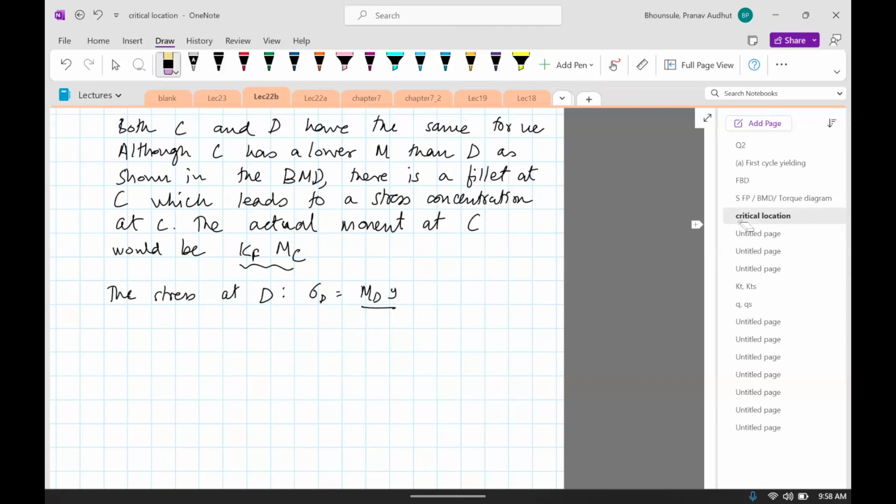So doing that calculation, you get 32 M_D divided by pi d cube. The stress at C is sigma C equals 32 M_C Kf divided by pi d at C cubed.